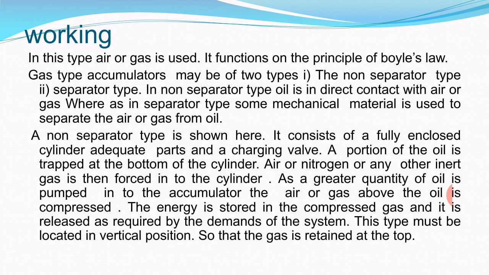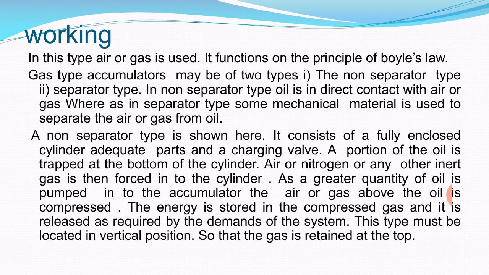A non-separator type is shown here. It consists of a fully enclosed hemispherical cylinder and a charging valve. A portion of oil is trapped at the bottom of the cylinder. Initially air or nitrogen or any other inert gas is charged into the cylinder.